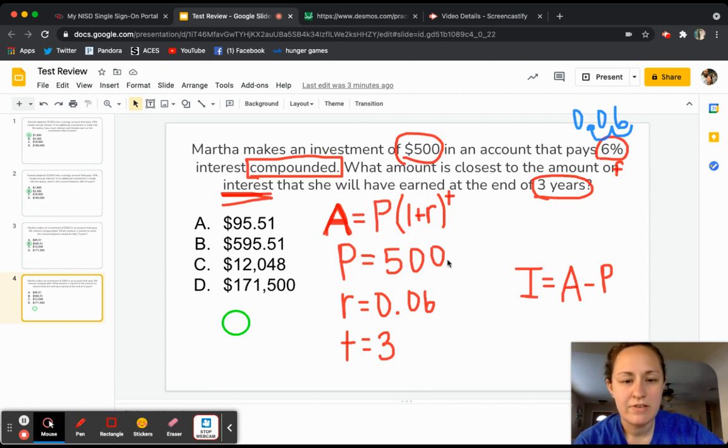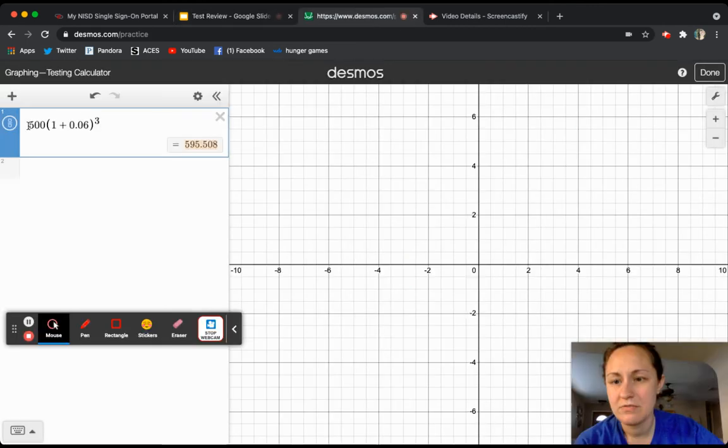So again, we have our 500, our parentheses, 1 plus 0.06 with our interest rate, close your parenthesis, and 3 will be your exponent. So that was our total account balance.